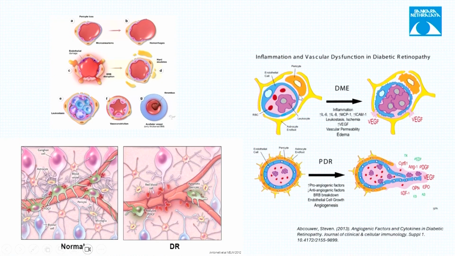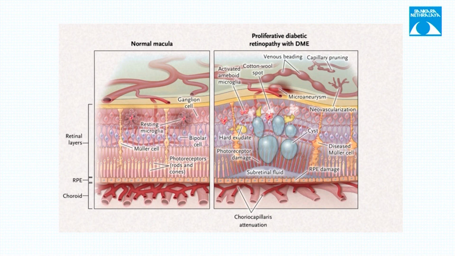There are various factors which promote diabetic macular edema and proliferative diabetic retinopathy, both inflammatory and angiogenic. Based on the balance between the two, you get your different manifestations. As I mentioned in the morning, everything has to be in order for the retina to function well and for you to see well.